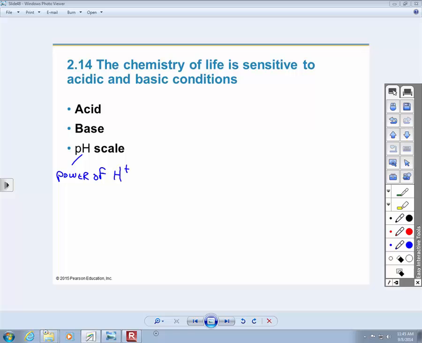And for some reason, people never picked that up in high school. I'm like, what? I mean, it's the pH. You don't even know what that means? They don't have a clue. How many of you knew that? Power of the hydrogen ion. You got a diploma, didn't you? You walked across the stage. They gave you a diploma. Your parents were there, your grandparents, your brothers and sisters, and they all clapped.